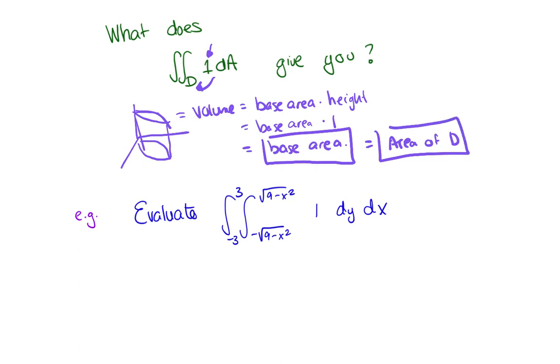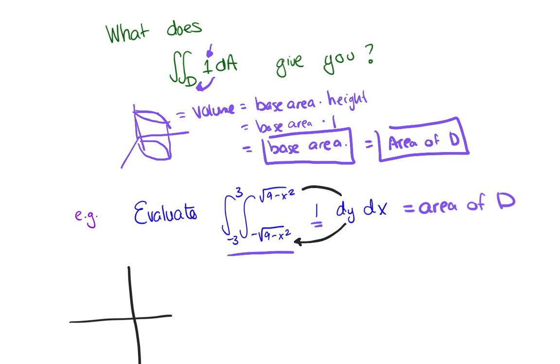So sometimes they can give us these integrals of the function 1, and we can just recognize, oh, this should be the area of that region. And so if we can recognize what that region looks like, oh, look, I've got y equals positive and negative square roots. I remember that from the last example. That's just going to give me this circle of radius 3.